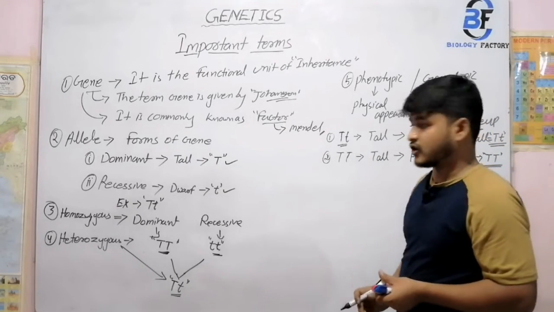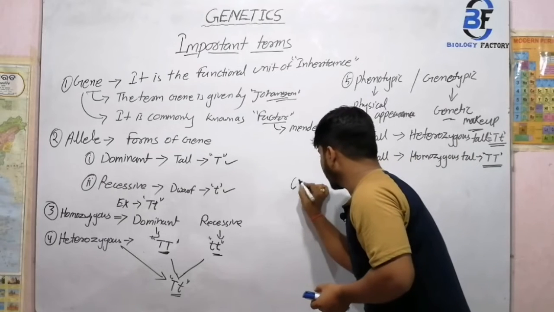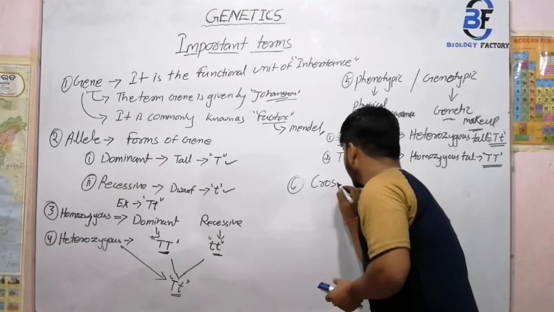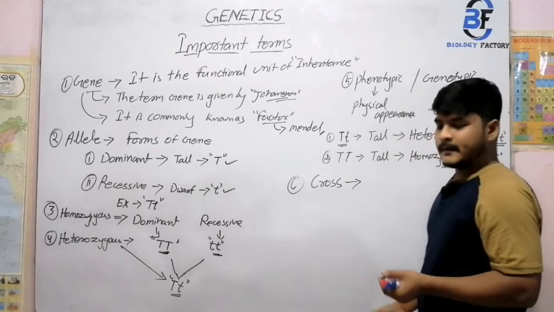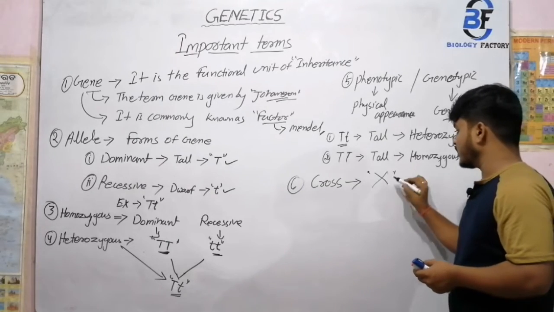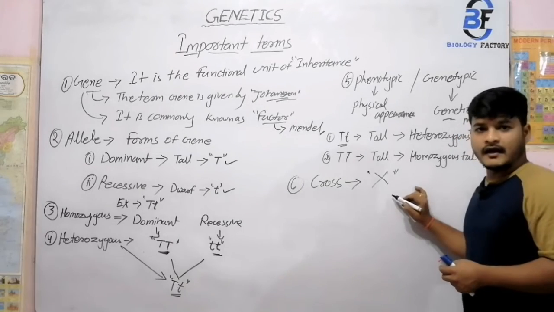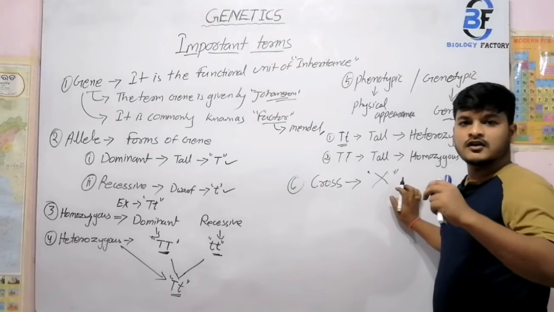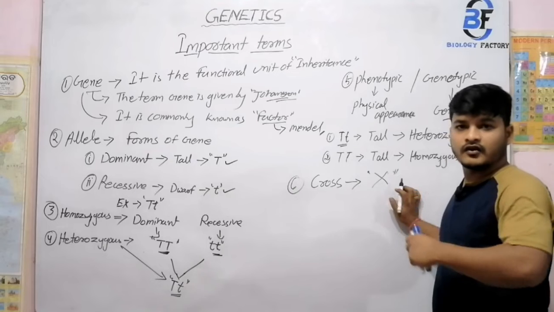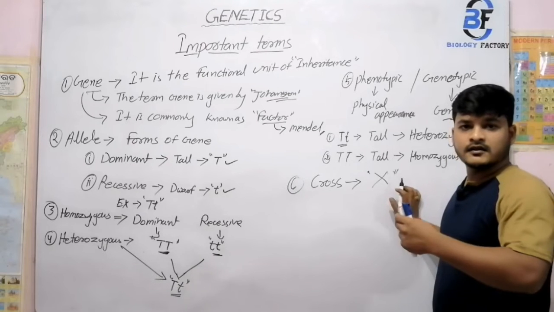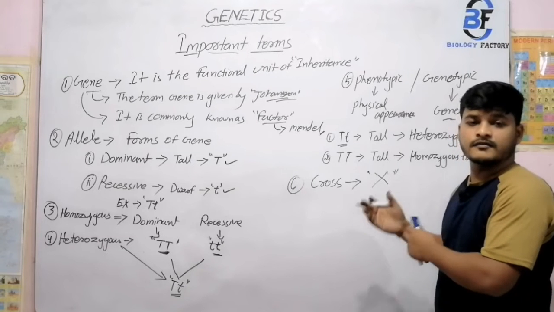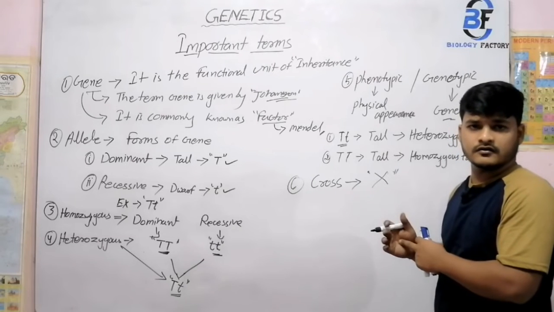Next, we talk about the cross. So our next important point is cross. Cross, in mathematics, is just the symbol of a cross. But in biology, cross means we cross to produce a new thing. For example, if a tall plant reproduces with a short plant, we form a heterozygous or a homozygous condition.